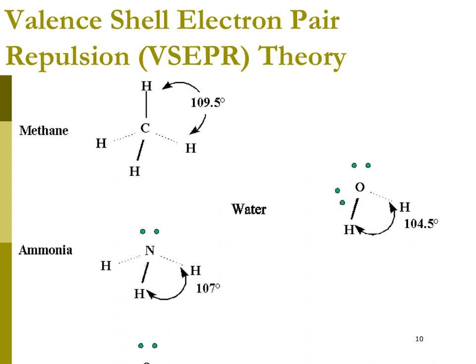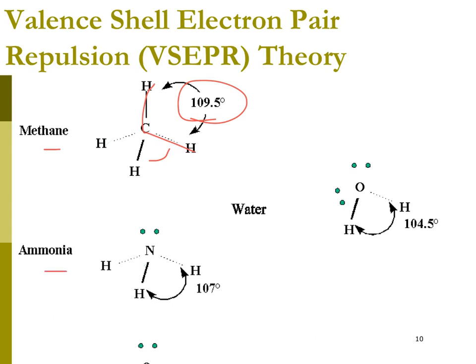The basic shape for four charge centers is tetrahedral, which we have here with methane. In methane, we have all bonded to bonded interactions. So the typical bond angle would be 109.5 degrees. This would represent those four bonds being equidistant from each other. So there would be 109.5 degrees between any two hydrogen-carbon-hydrogen angles.